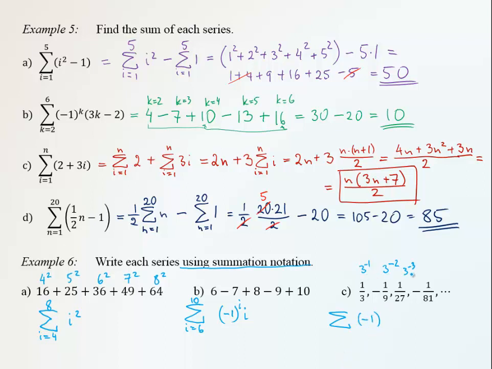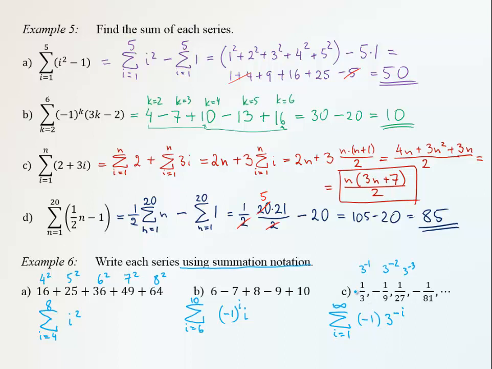Okay, the base is known for sure, it's 3. And then it's a negative exponent. What kind of exponent? Well, we start with 1, and then 2, and then 3, and then 4 until infinity. Oh, that means the upper limit would be infinity. And let's call it i. So i would change from 1 to infinity.